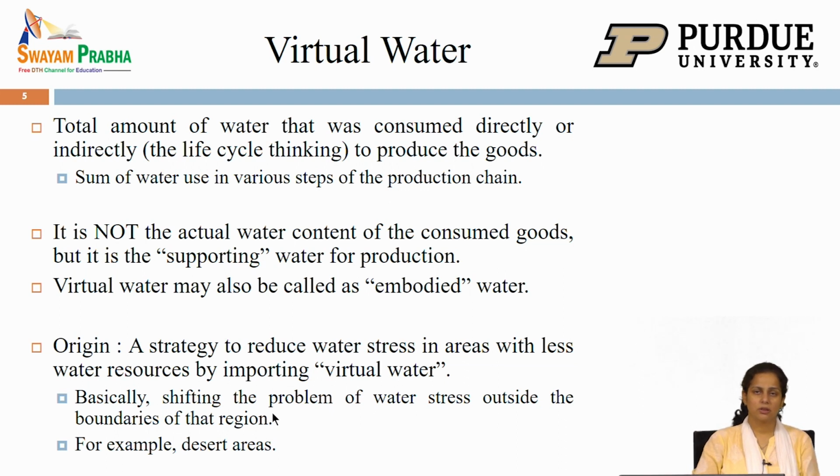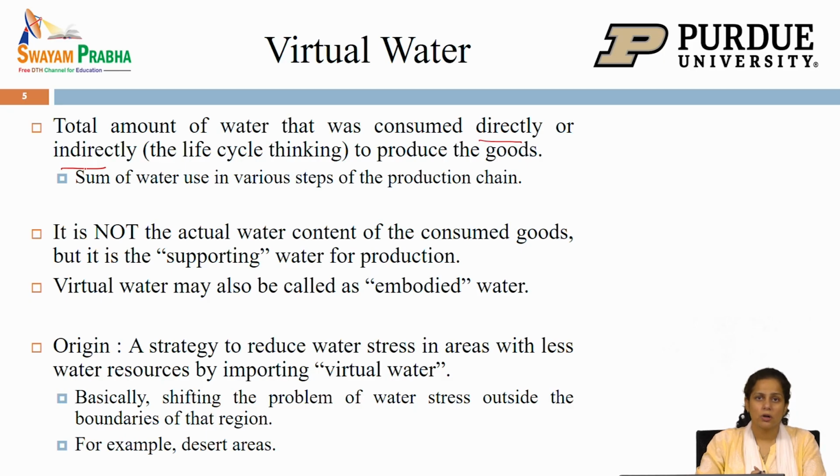So, there is this concept of virtual water that is introduced for calculation of water footprint. Virtual water is defined as the total amount of water that was consumed directly or indirectly to produce the goods. Remember when we were talking about the life cycle view, we also talked about direct and indirect emissions or direct and indirect resource consumption.